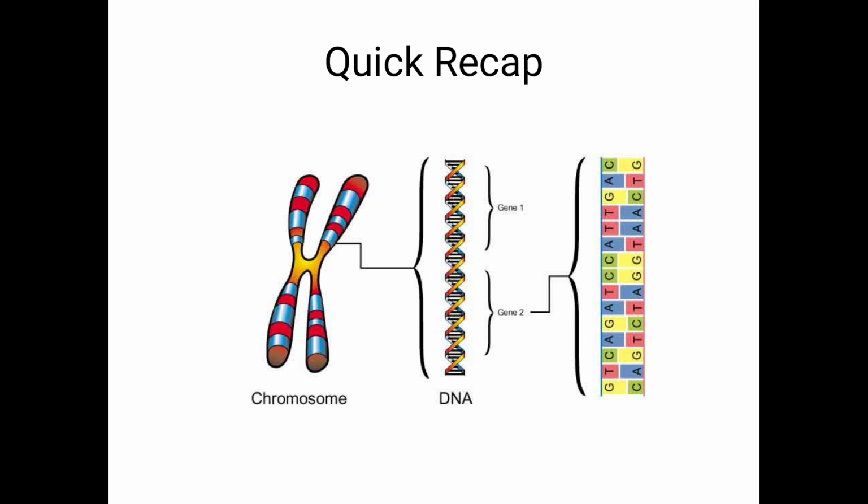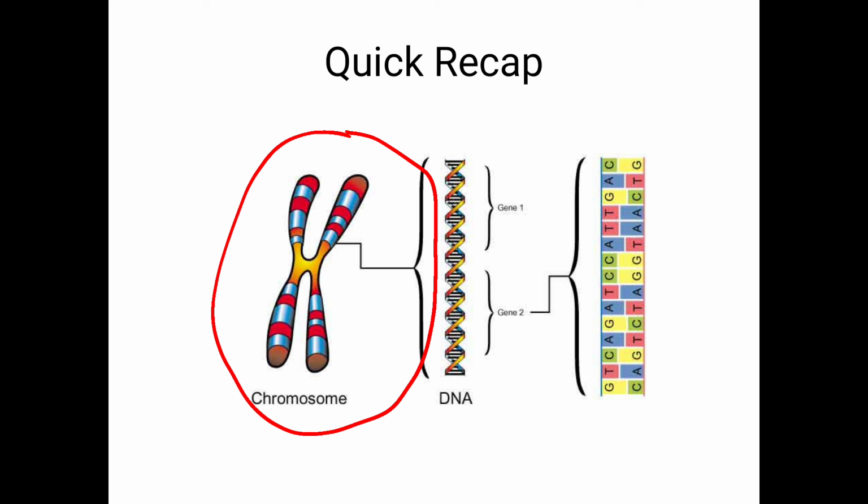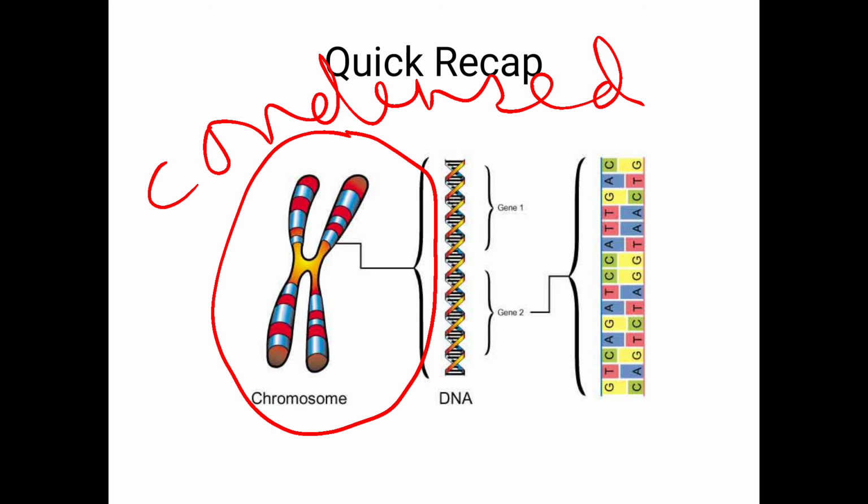Now here's a quick recap for today's lesson. This is a chromosome. A chromosome consists of highly condensed threads. Let us take out one section of this chromosome. One section will consist of many genes. Suppose there are two genes. Genes are segments of DNA.